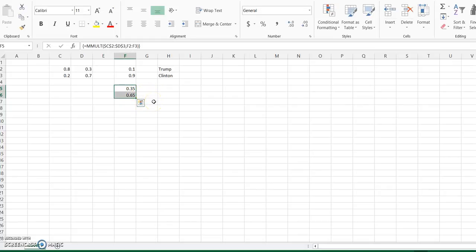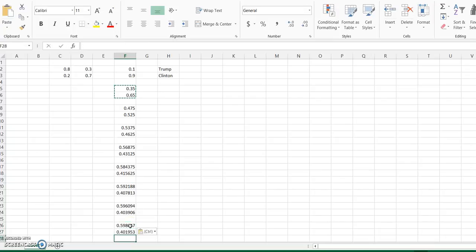Okay, now the handy thing is I can copy this down here, etc. So week 2, week 3. Okay, week 3, Trump's now ahead. Week 4, week 5, week 6, week 7, week 8 seems to be leveling out a bit.